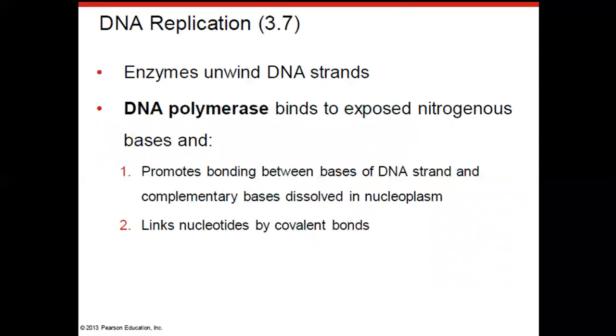So all 46 chromosomes double the amount of DNA that they have and create a sister chromatid using a DNA polymerase. A polymerase is an enzyme that binds to exposed bases on DNA and promotes the binding between bases that are complementary, and it links them by way of covalent bonds.